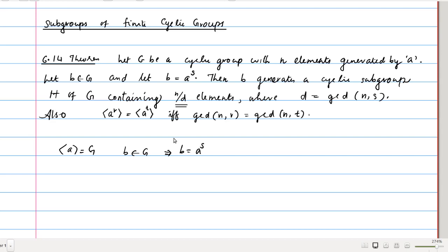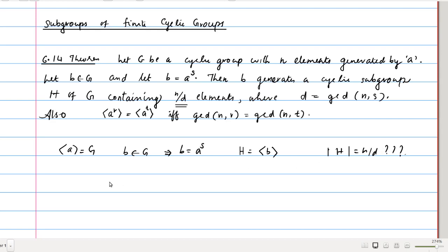We know that B generates a cyclic subgroup, and we call that H, that is, the cyclic subgroup generated by B is equal to H. We will prove that the cardinality of H, that is the order of H, is equal to n by D. This is our claim. For this we have shown that H has as many elements as the smallest positive power m of B that gives the identity.